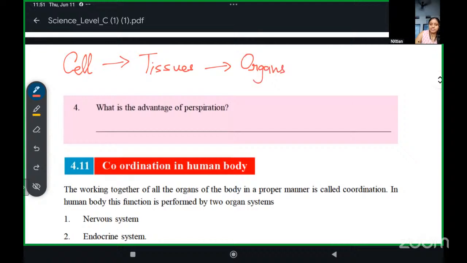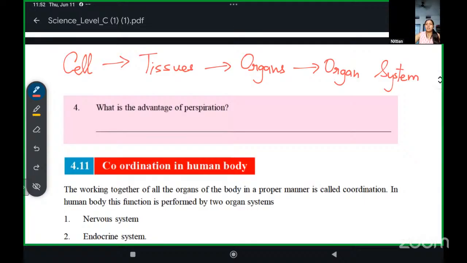And when many organs come together, they form an organ system. This is the structure: the smallest unit is the cell, many cells form a tissue, many tissues join to form an organ, and many organs come together to form an organ system.